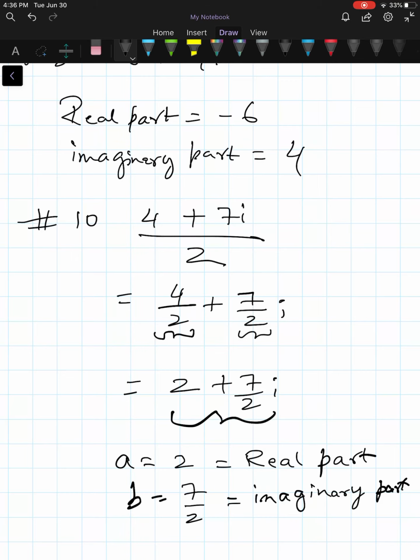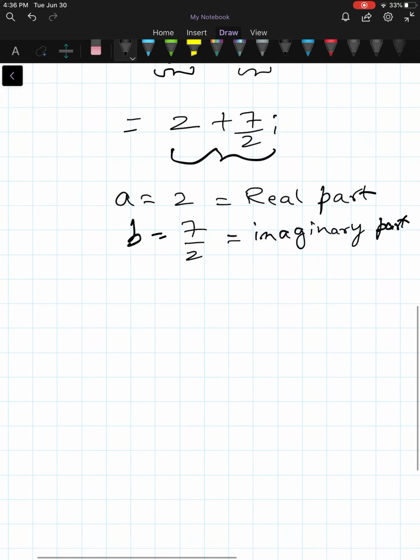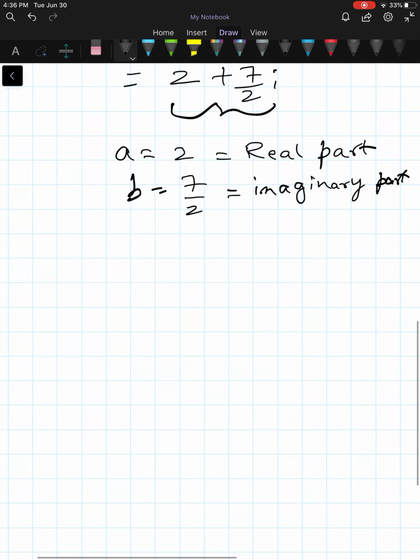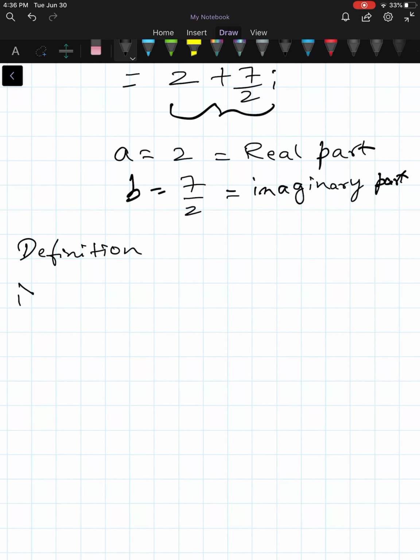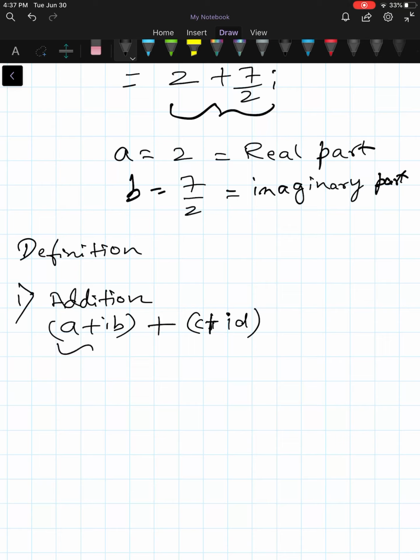So let us now define all the arithmetic operations on complex numbers. Definition. First is addition. Suppose you are given two complex numbers, a plus ib and c plus id. How do you add these two numbers?